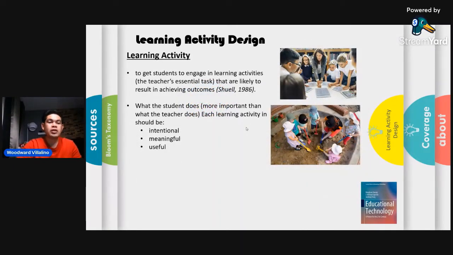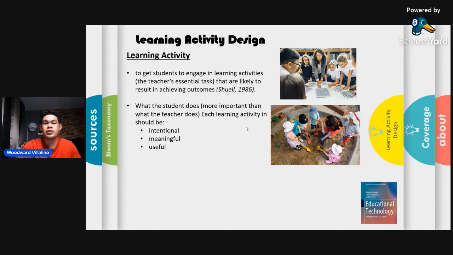Moving on, to get students to engage in learning activities, the teacher's essential task is to get the students to engage in learning activities that are likely to result in achieving outcomes, according to Shuell in 1986. Again, the teacher's essential task is to what? To get students to engage in learning activities.